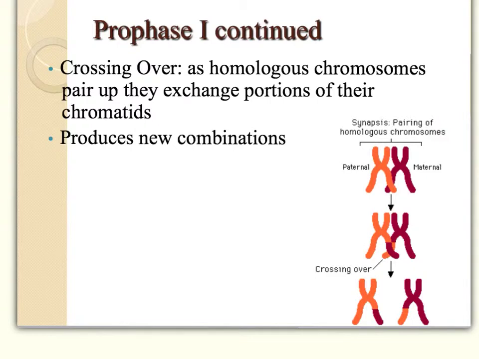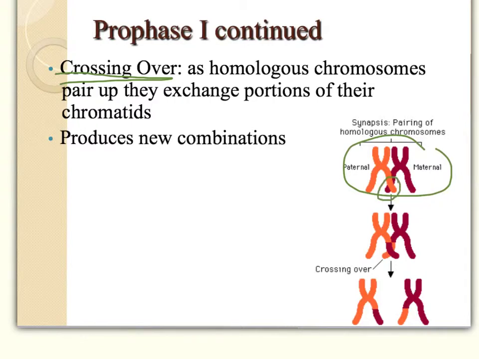The much more important part of prophase I, and the cool part that sets meiosis apart from mitosis, is an event called crossing over. As these homologous chromosomes pair up in their tetrad, see that over here? Sometimes their little feet get crossed.